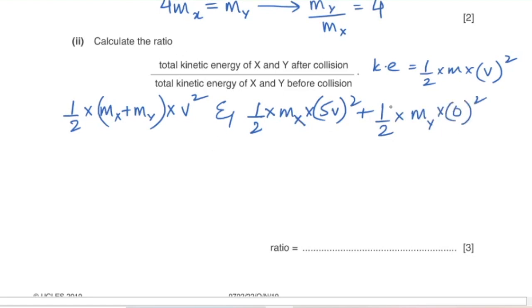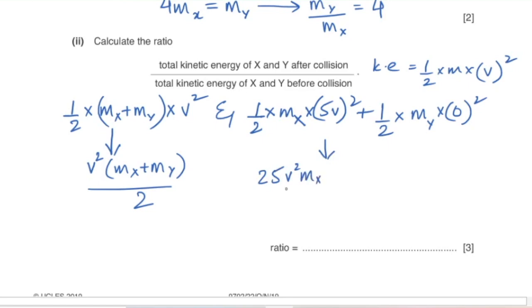So now total kinetic energy of x and y after collision is, and total kinetic energy of both x and y before collision, and that this one is over here is 0 since it wasn't moving.